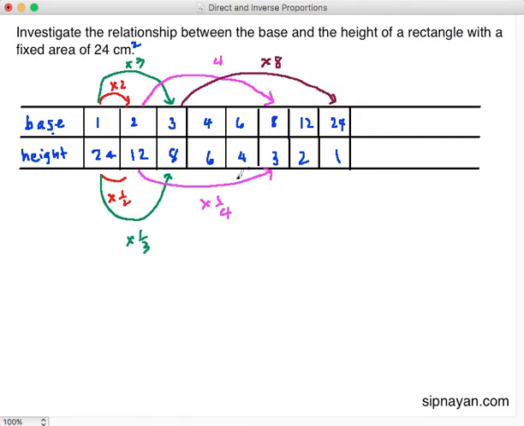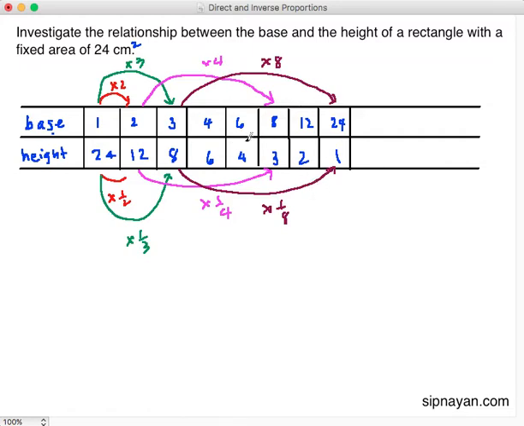And then from 8, yung katapat ng 3, papunta doon sa katapat ng 24, we multiply by 1/8. So times 2, times 1/2, times 3, times 1/3, times 4, times 1/4, times 8, times 1/8.